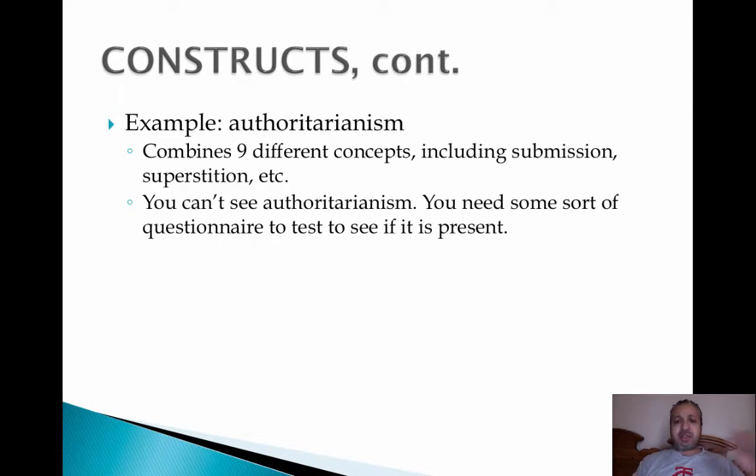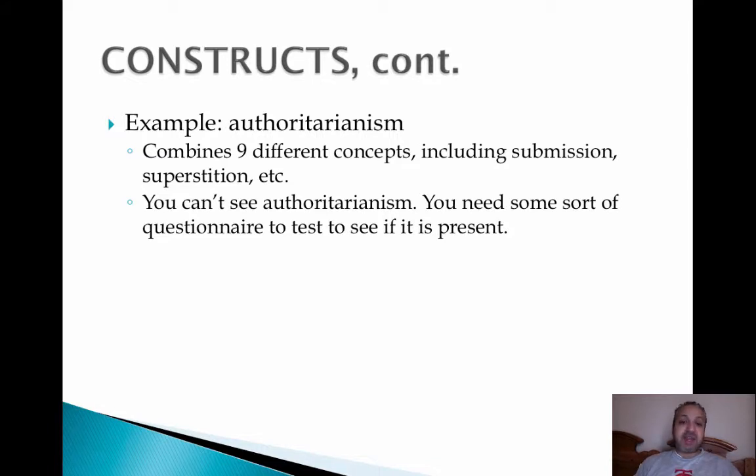Here's another example of a construct. Authoritarianism is a construct that combines 9 different concepts, including submission, superstition, lack of freedom, and other concepts. Again, you can't see authoritarianism, you can't grapple with it, but you can measure it through a questionnaire, for example.